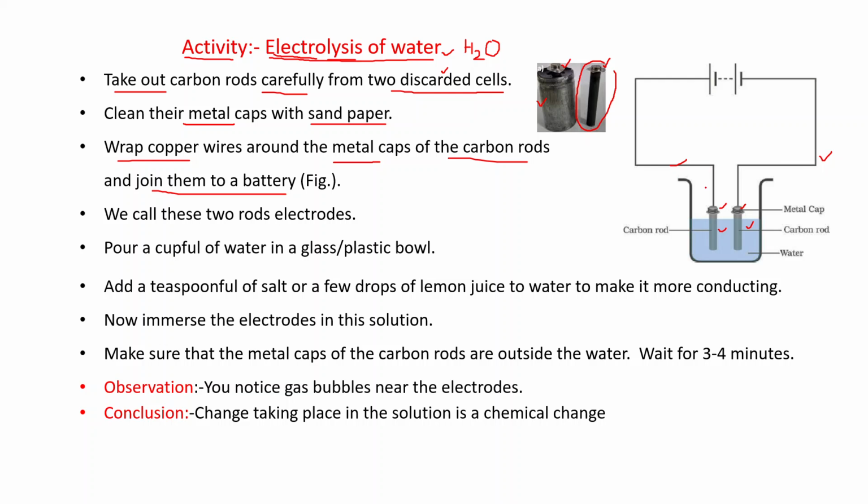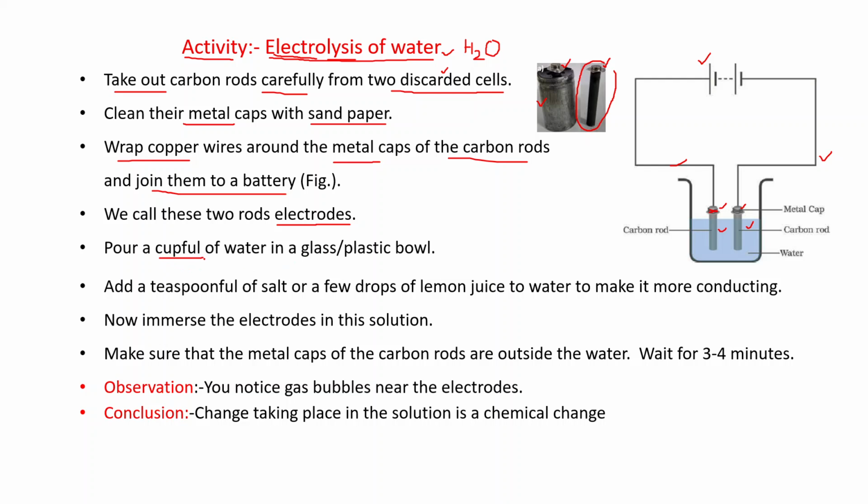The wires are wrapped at the metal caps and connected to this battery. We call these two rods electrodes. In place of carbon rods, we can also use iron nails.